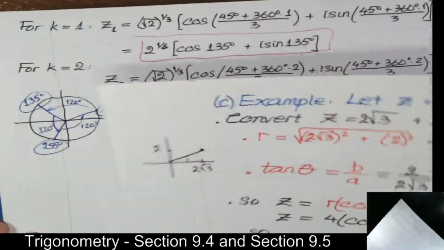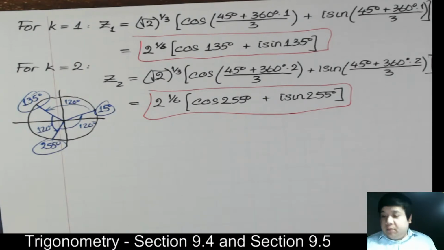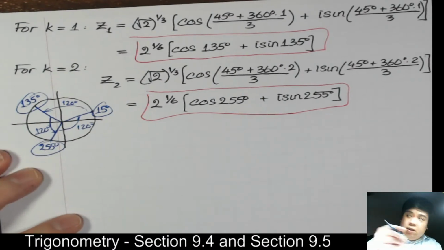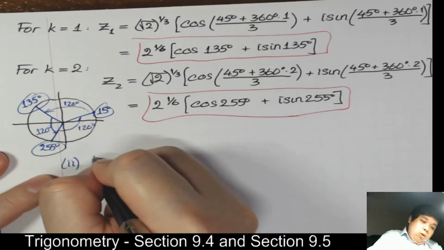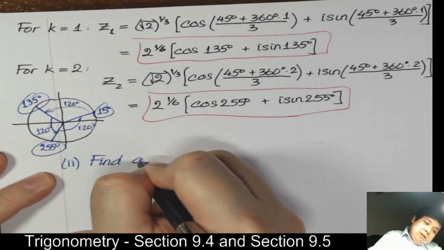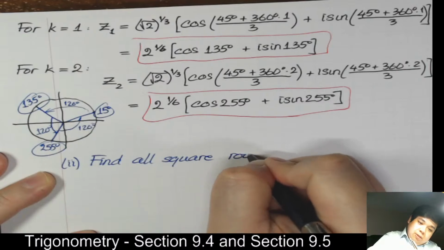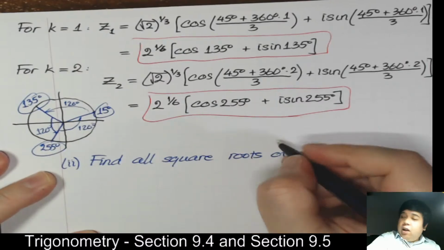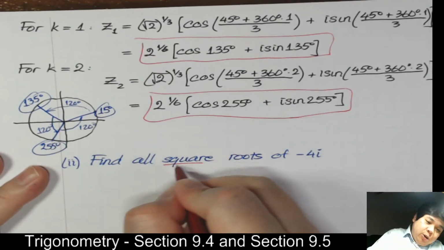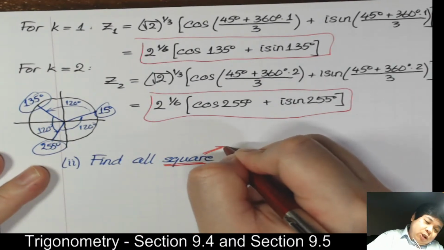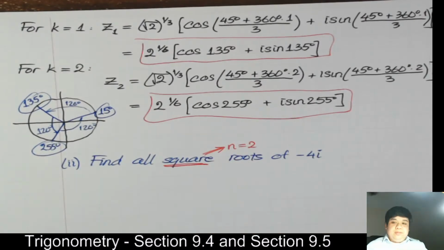So we do one more sample to make sure that we have it. The square root of negative 4i. Square root means that n equal to 2, and because of that, we're going to have 2 square roots.